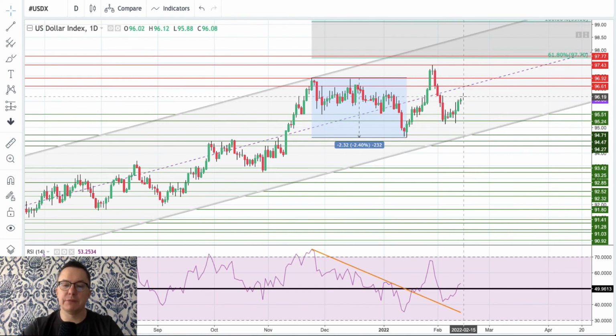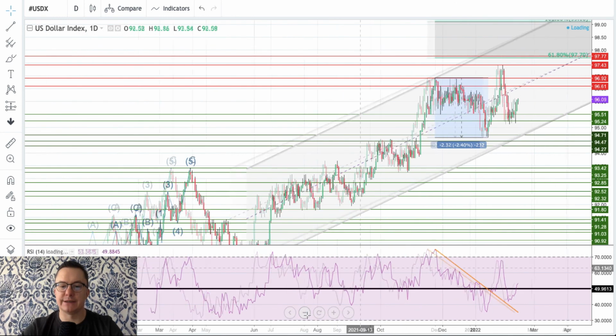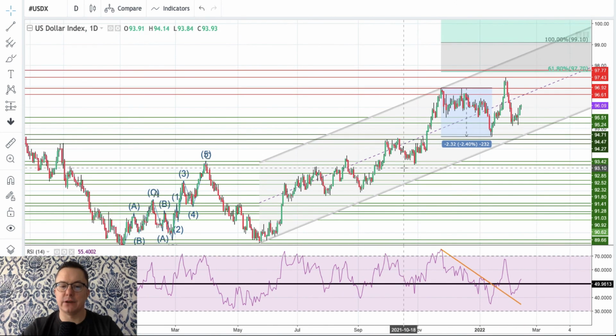It looks good, maybe not that impulsive, but still it looks good for this market to continue the rally higher. Please notice the fact that we are still trending inside of this channel, right? So we got our old Elliott wave progression.